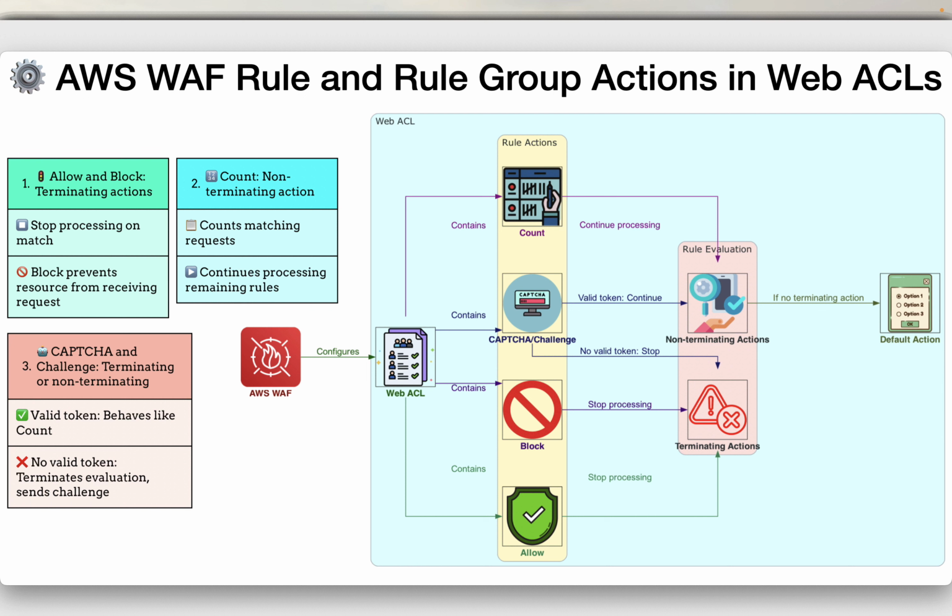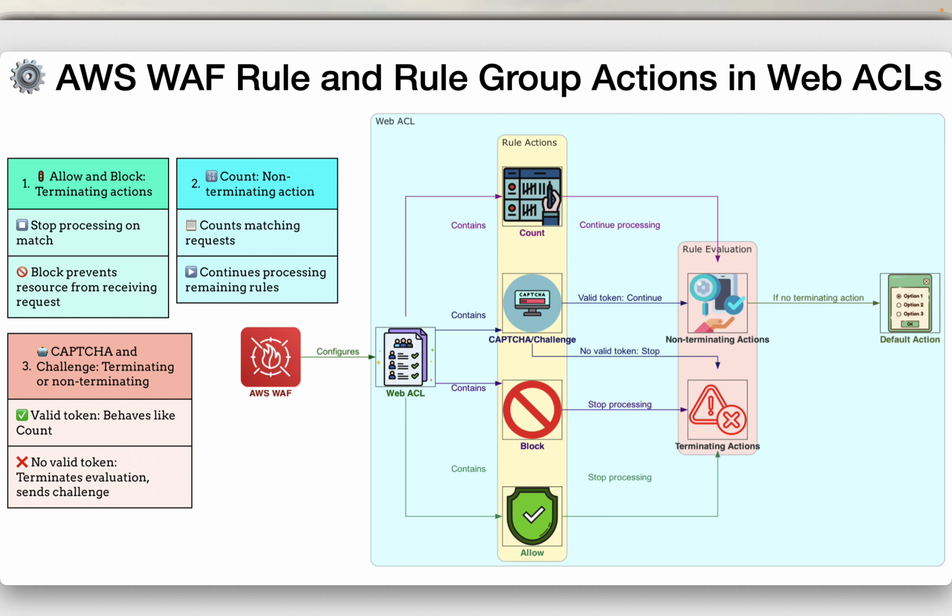Captcha and challenge actions can be either terminating or non-terminating depending on the token status of the matching request. When a rule with one of these actions matches a request, AWS WAF checks the request token status. If the request has a valid token, AWS WAF treats the match similar to a count match and continues processing the rules that follow in the web ACL rule set.